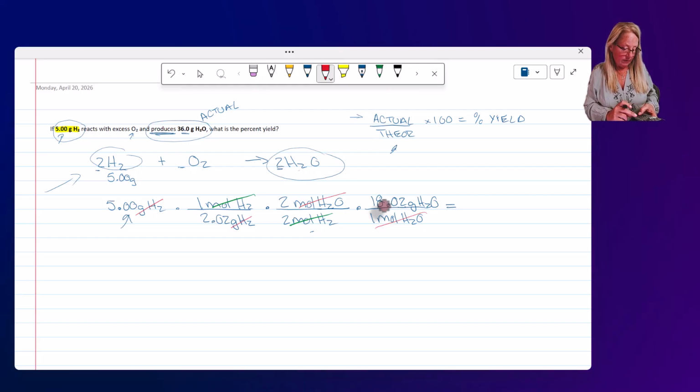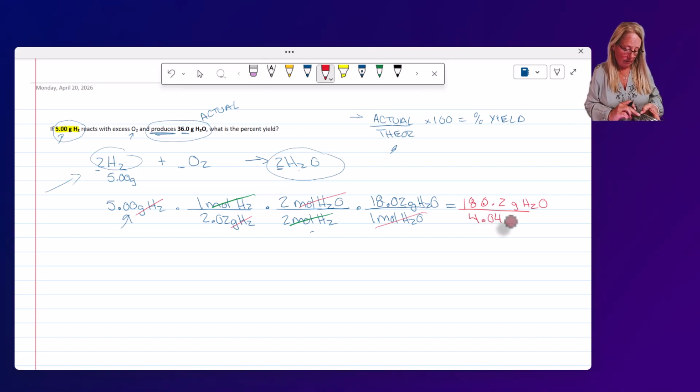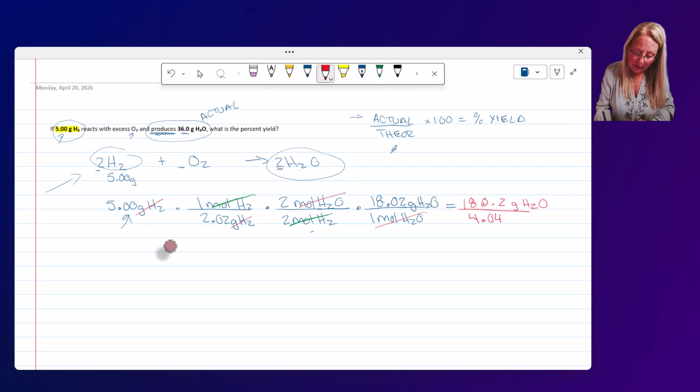I don't always trust myself. 180.2 grams of water divided by 2.02 times 2, so 4.04. And that gives me, so my theoretical yield, if all of my 5 grams react, I end up with 44.604 grams of water.